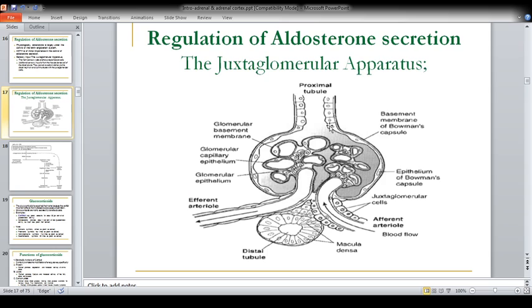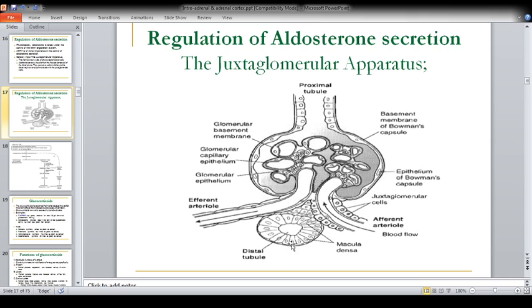So this is the juxtaglomerular apparatus, the proximal tubule, the glomerulus, and these are the juxtaglomerular cells which are present on the afferent arteriole. So they would serve the function of activating the aldosterone release via renin.